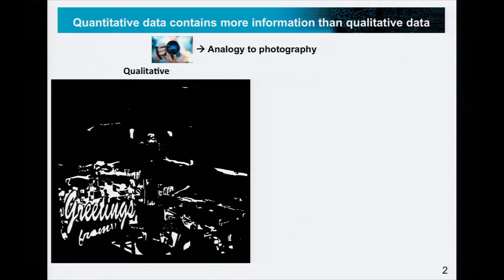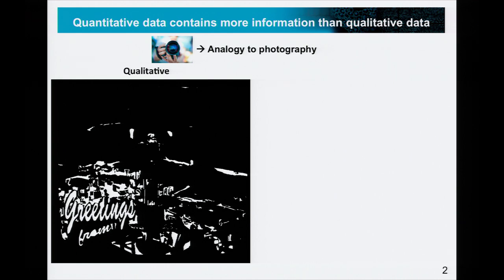One analogy, simplified again, that you can use to highlight these differences between quantitative and qualitative data is the field of photography. In a way, you can see a qualitative description of a protein sample like a black and white picture of this sample, where every pixel in that picture is only allowed to be either black or white, there or not there, depending on the threshold that you define.